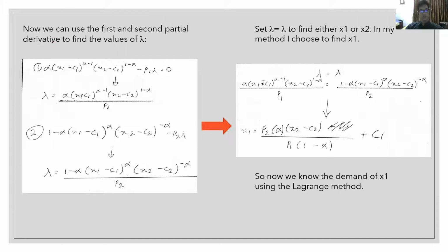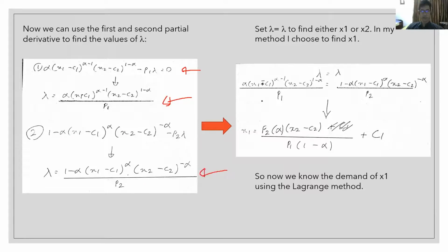With the first and second partial derivatives that we found, we can find the values of lambda. So here I have listed out the first partial derivative, but I've rearranged it to show that lambda is equal to this value right here. And I've done the same thing for the second partial derivative too.